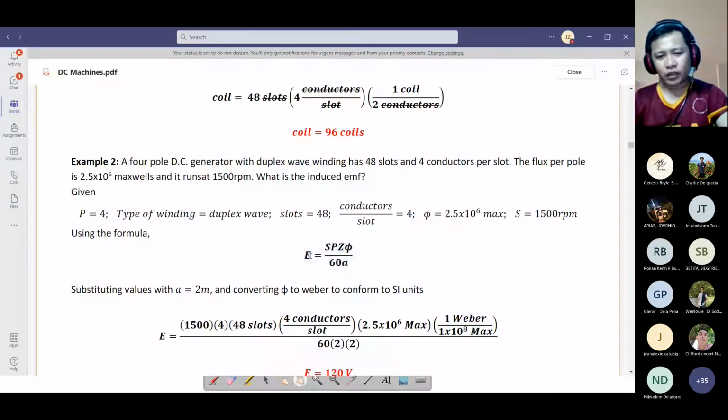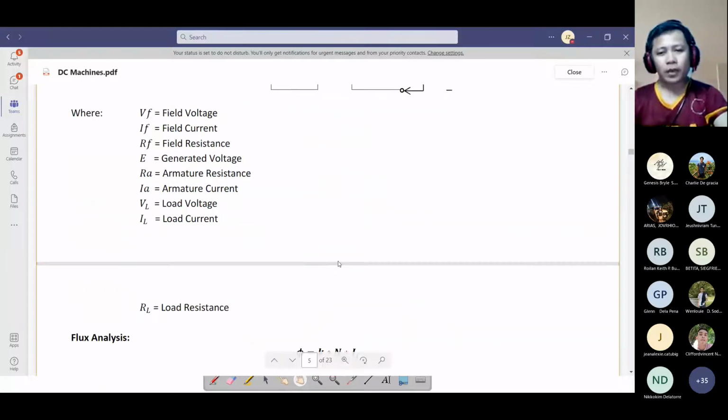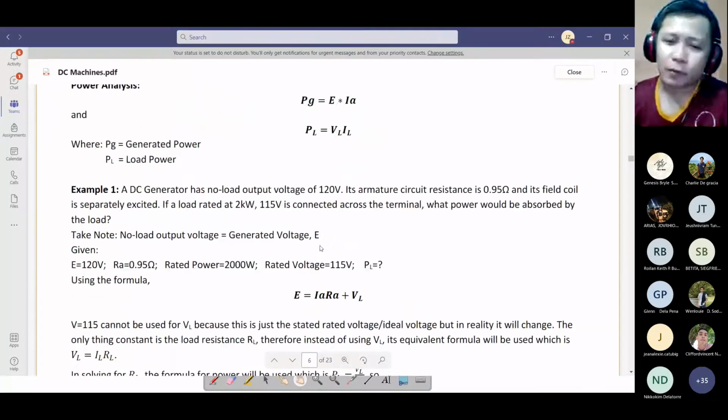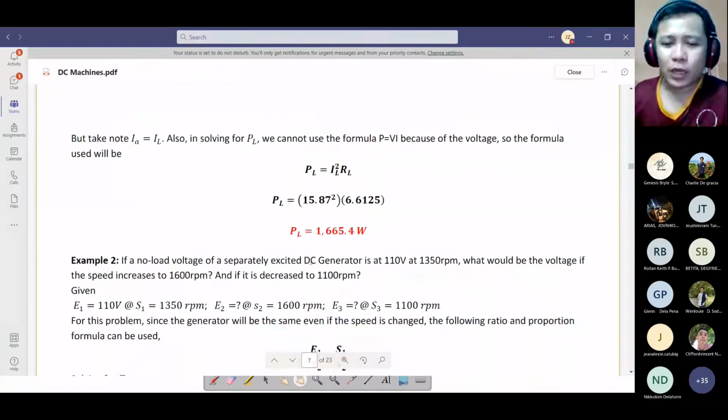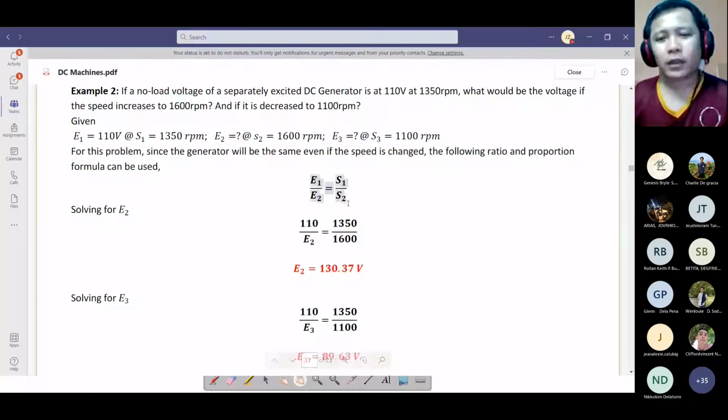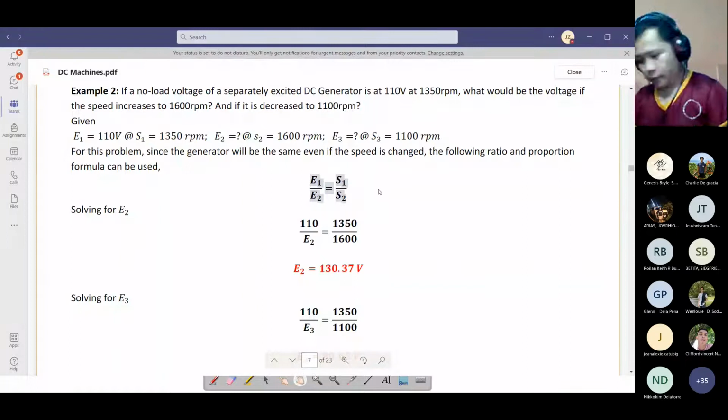You have here the generated voltage and you have here the speed. So we have a formula that will directly correlate the voltage and the speed. So we will use this formula to come up with this equation.